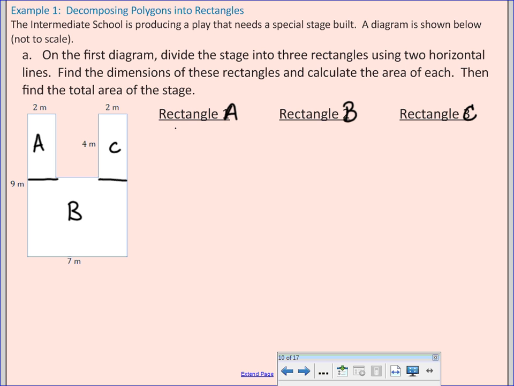Yes! Write the formula. Area equals base times height. So looking at shape A, what's my base? What's my base? 2. What's my height? Be careful. 5. Where'd you get 5 from?